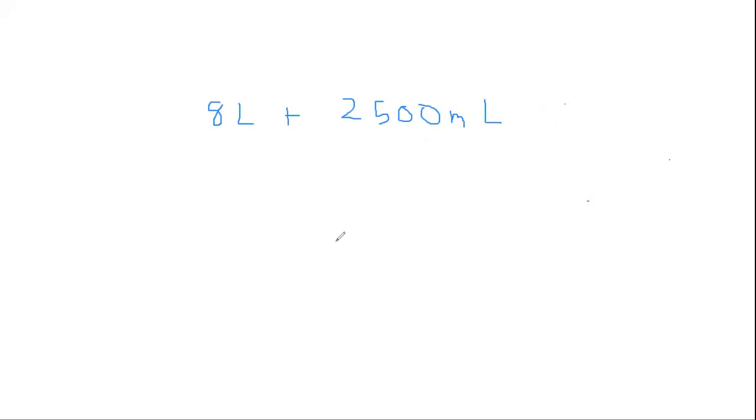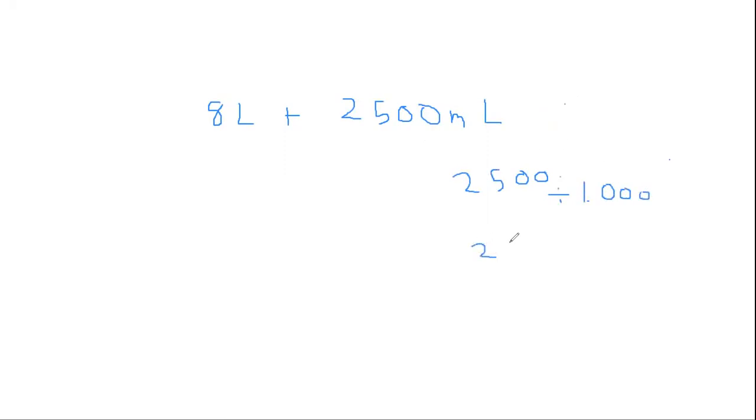You divide, right? So what I'll do is I'll take my 2,500 and I say, okay, 2,500 divided by 1,000. When you are dividing, you move from right to left.